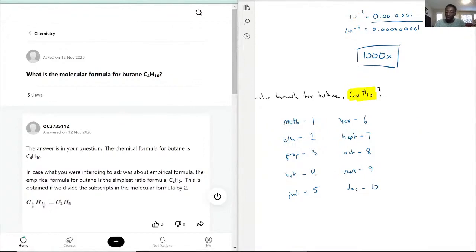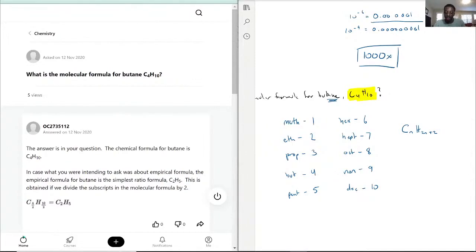So if we wrote down our formula of CnH, it will be H2n+2 when it comes to things that end with ane as the suffix.